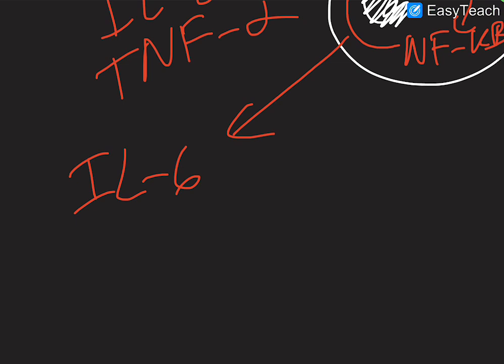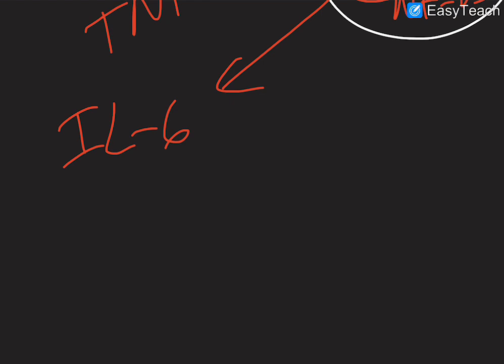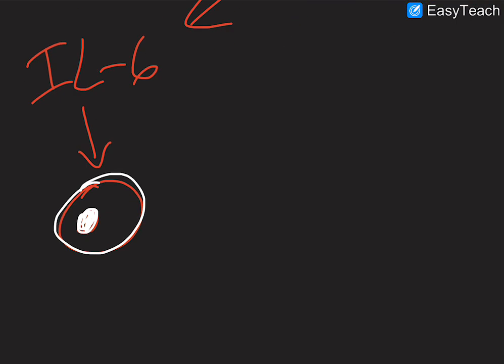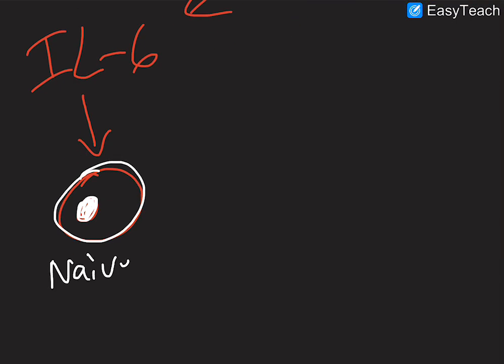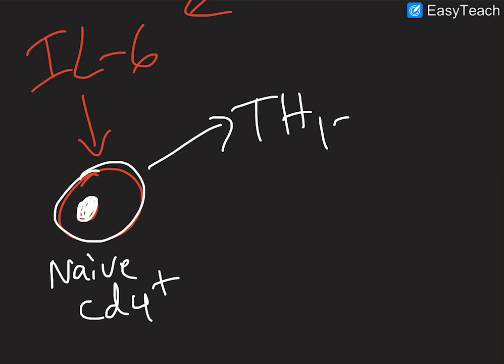What interleukin 6 does, as we're familiar with from immunology, is that it can go to your naive T cells. Let's say this is your naive T cell, and let's change up the color. So this is your naive CD4 cell. Interleukin 6 can stimulate the naive CD4 cell to turn into the Th17 subtype.